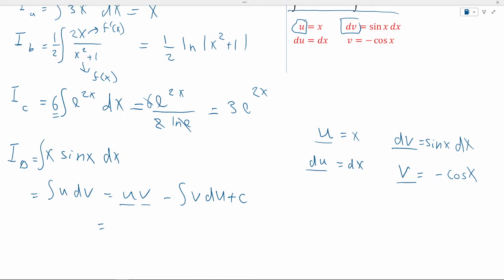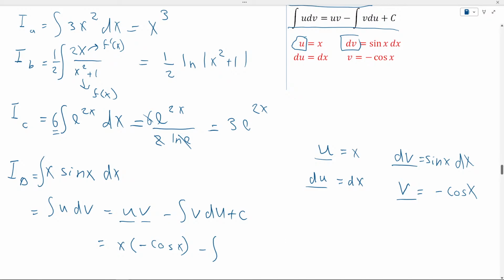Okay, so now I can easily substitute here. My u is equal to x, and my v is equal to negative cosine x, and du is dx, so cosine x dx.